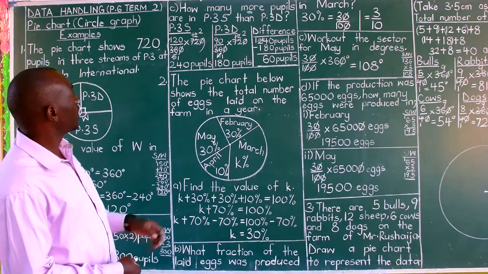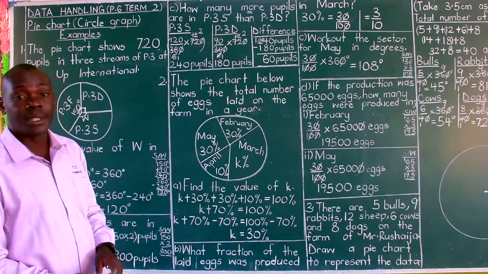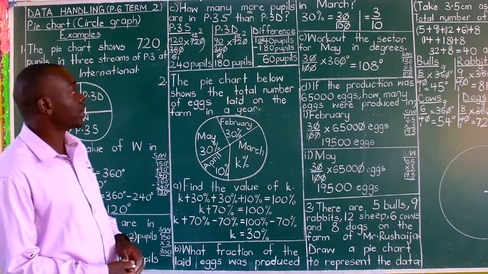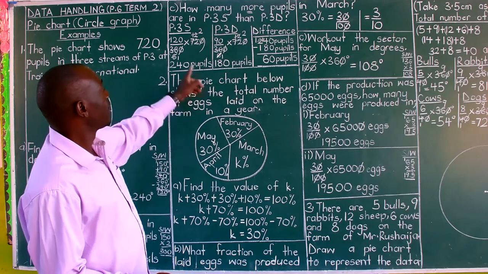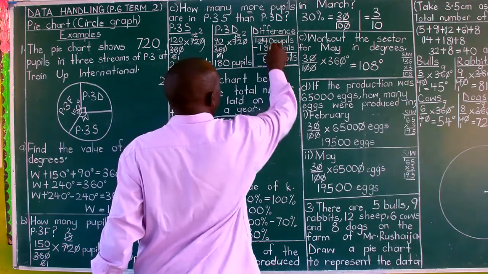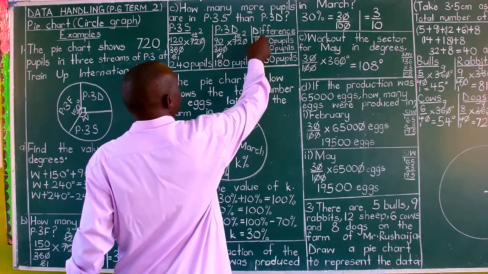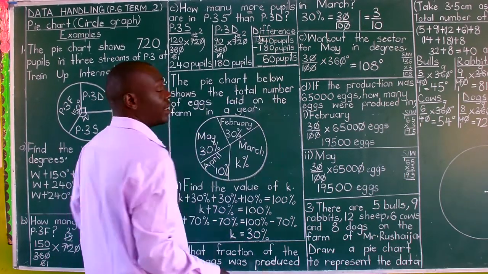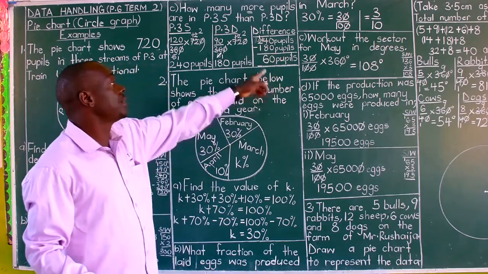Now that we have the number of pupils in P3 Success as well as those in P3 Divine, then you can answer how many more through subtraction. Get the difference, meaning subtract. That's 240 pupils minus 180 pupils. 0 minus 0 is 0. 4 minus 8 is only possible after borrowing 1 from 2, remain with 1 on top here, and then the 4 becomes 14. 14 minus 8 is 6.